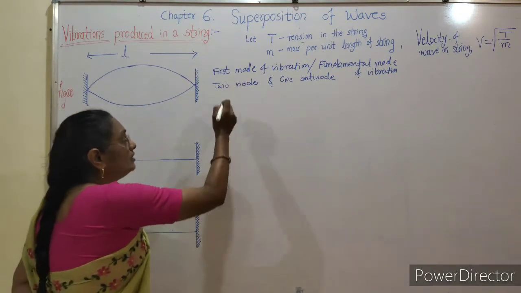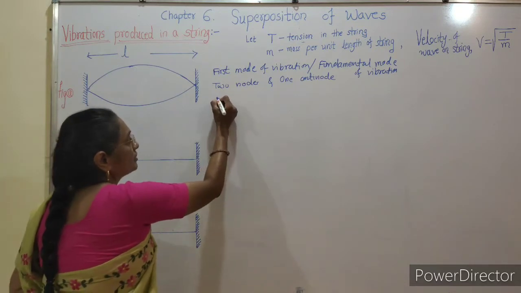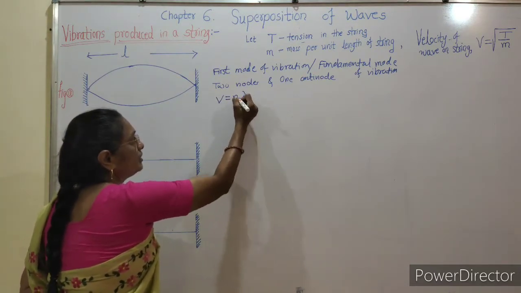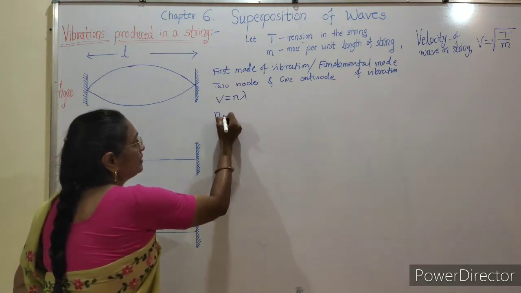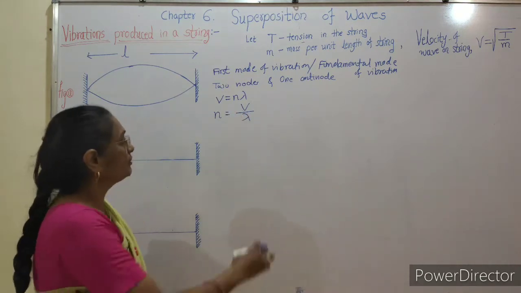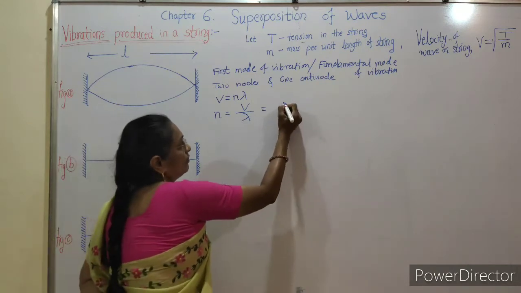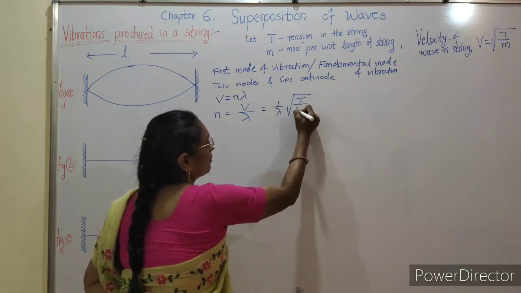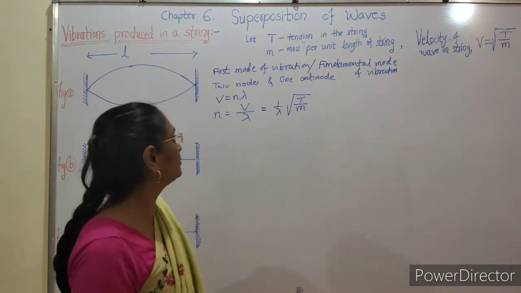In this case, for the wave we write velocity V is equal to N into lambda. It can also be written as N is equal to V upon lambda, but we know V is equal to under root T upon M, where T is tension, M is mass per unit length.